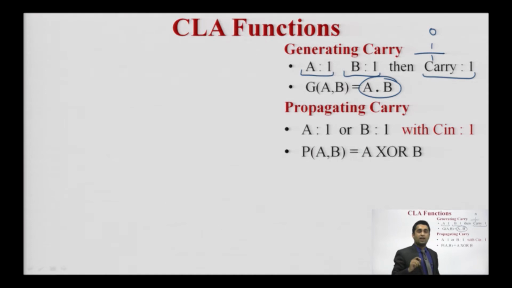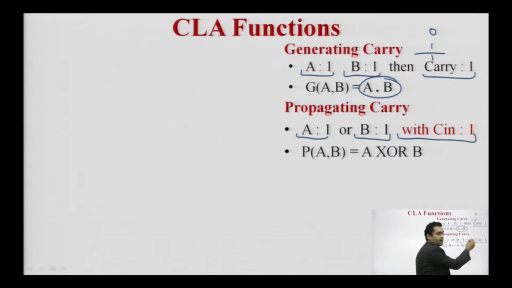So when the carry is going to propagate, either A or B, means either the first number or second number is 1. If none of the numbers is 1, then the carry can't propagate. It just converts to the sum part. So here either A or B can be 1. In this case, with this carry in, now it is a combination which propagates the carry.